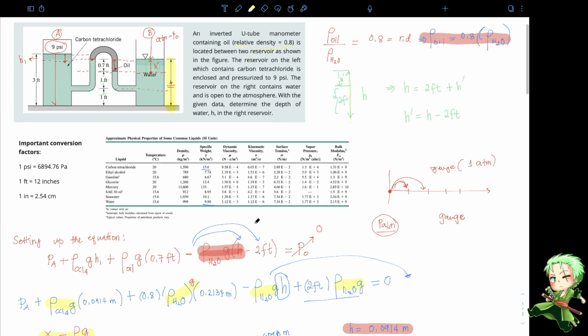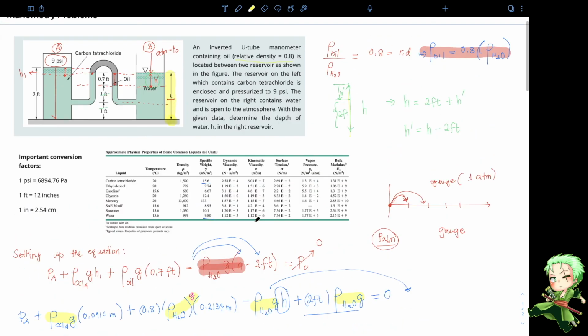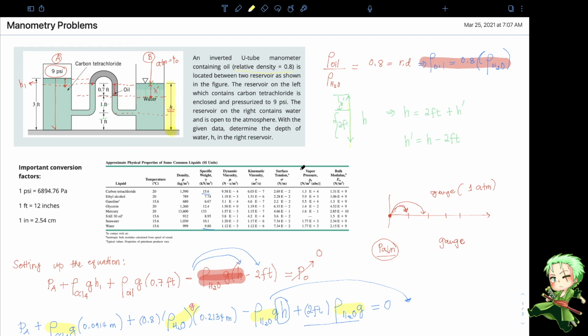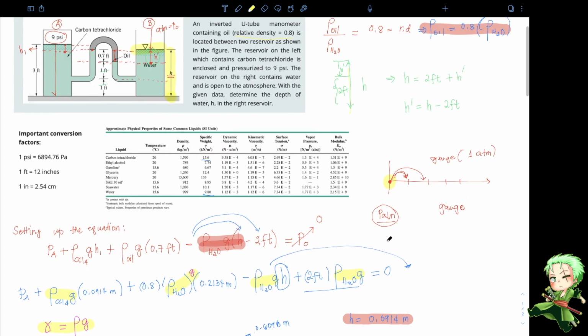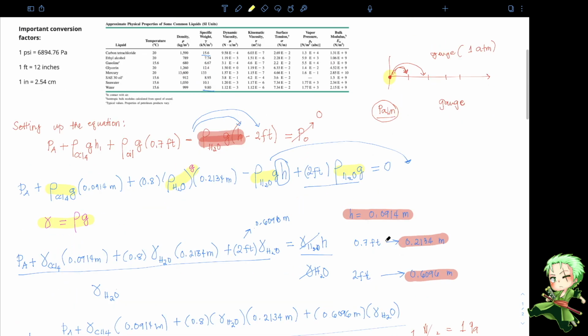And the salient thing that you need to remember is that since we are dealing with gauge pressures, the atmospheric pressure at the surface is automatically equal to 0. In gauge pressures, our base unit, our origin if we associate it with a number line, is the atmosphere. So that is why the atmospheric pressure, P atm, is 0.